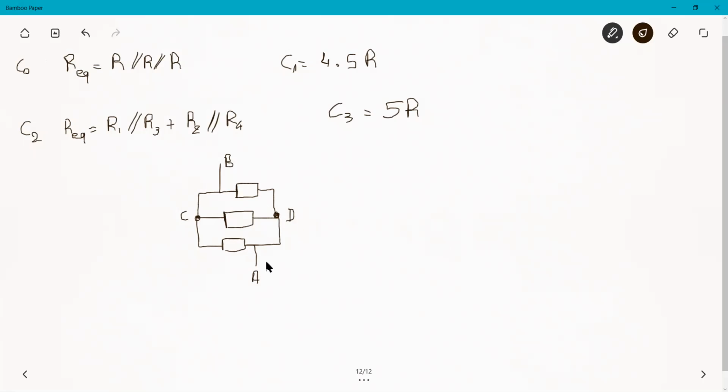From here, or even from the scheme of your exercise, you can detect that these two here are exactly the same node. Between A and D, I don't have any resistors. And same here.